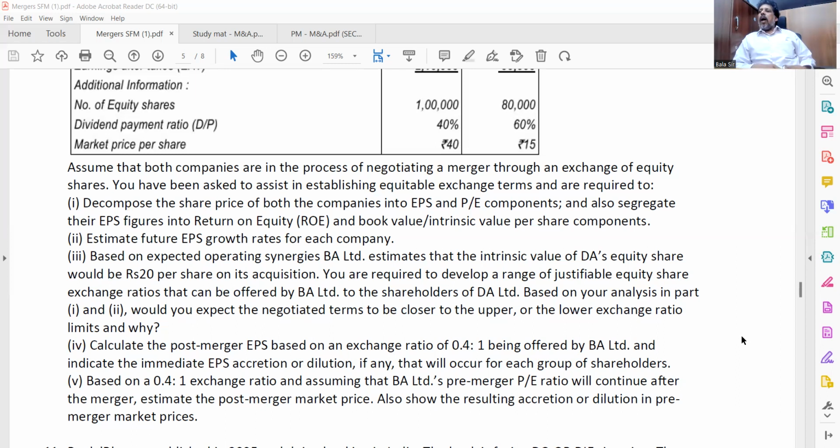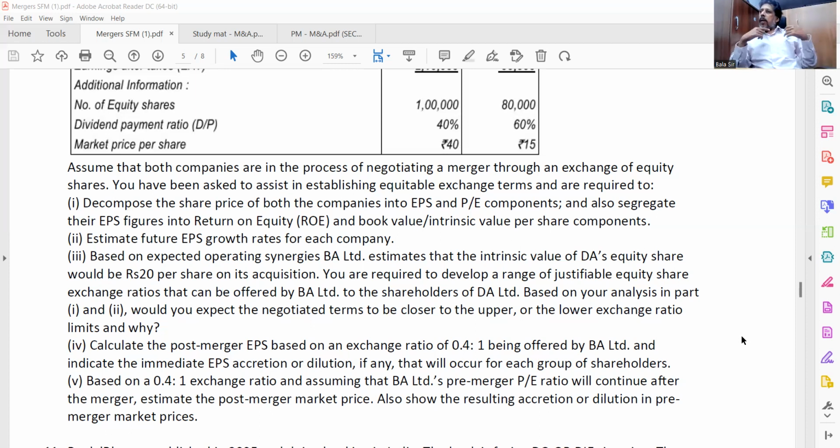Fine. And then you have been asked to find any accretion or dilution in market price. So for BA Limited, my company, very simple. You can make a straight comparison. It was 40 rupees earlier, now 44 point something. So increase in market price, accretion.